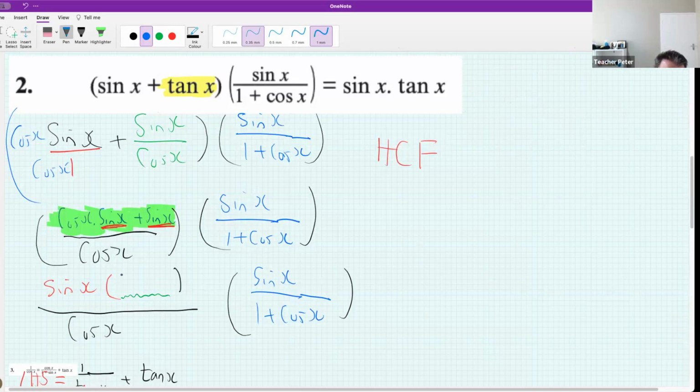I think there would be a cos x. And the reason is there's the cos x. And then there would be a plus 1.